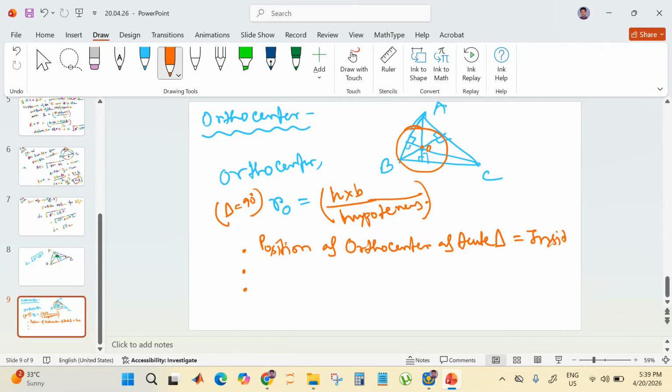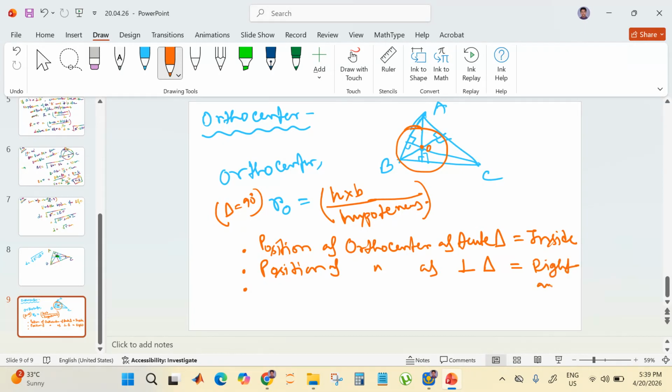Inside means, suppose this is an example where the orthocenter lies inside. Position of orthocenter of a right angle triangle is the right angled point.